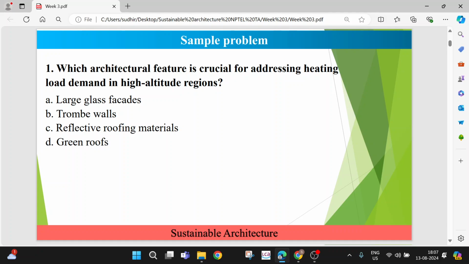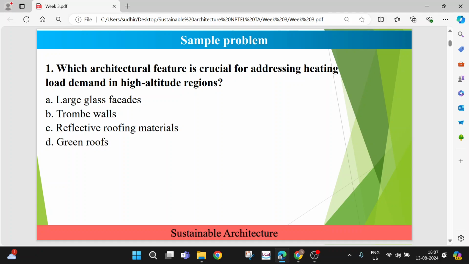So, somebody wants to give some more answers. If you would have gone through lecture number 11, then you would find the correct answer to this question is Trombe wall.